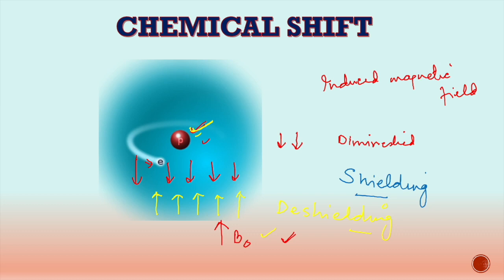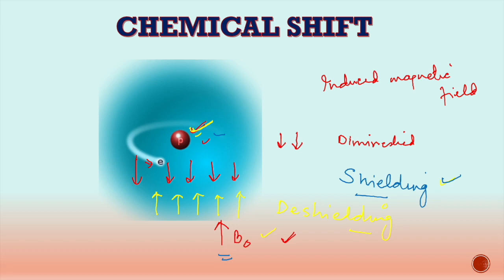In other words, what I am trying to tell you is that when the shielding process is going on, the effective magnetic field which is experienced by the proton will be lesser as compared to the applied field.